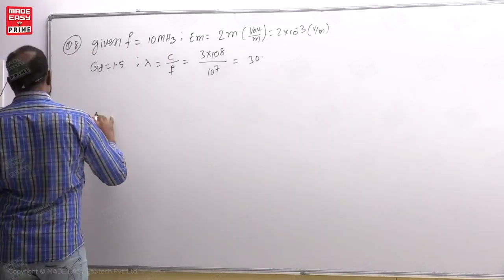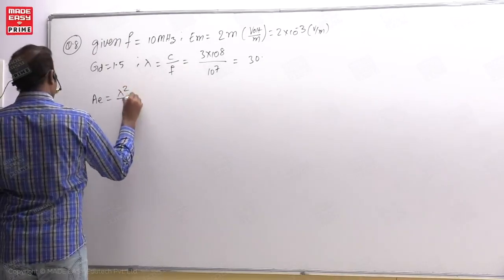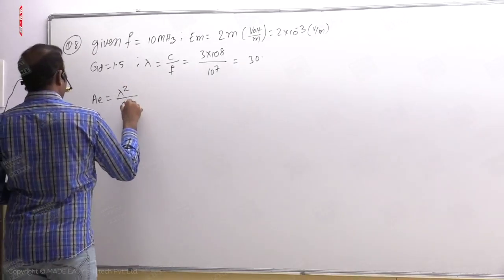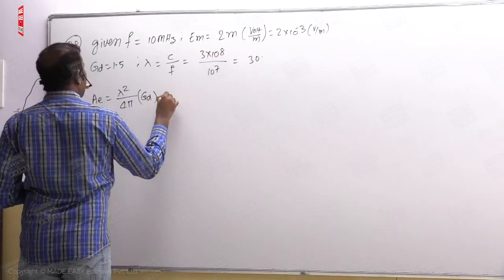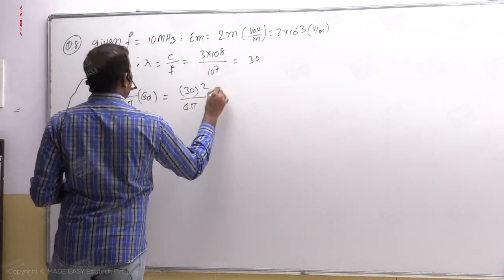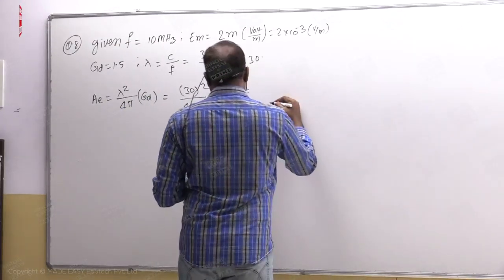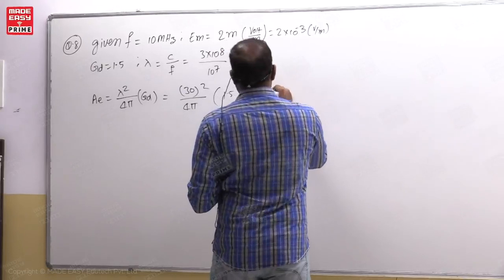Now we know that effective area is equal to lambda square divided by 4 pi into directive gain, that is 30 square divided by 4 pi, and directive gain is 1.5.